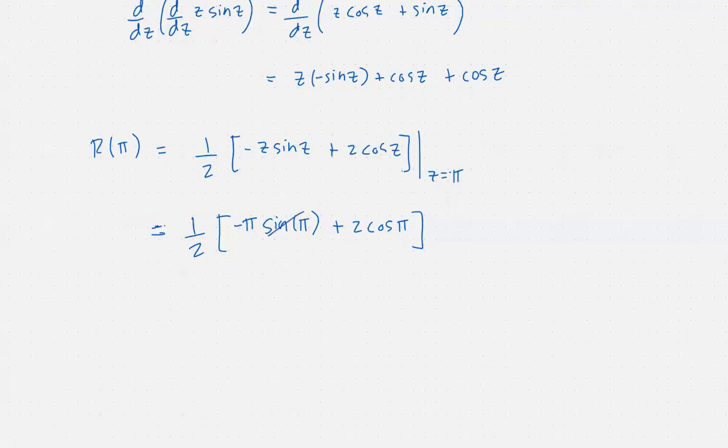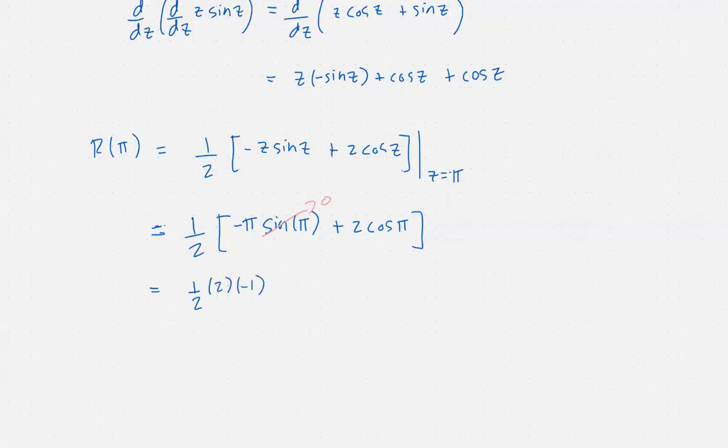So what we are left with is 1/2 times 2 cos π. Cosine π is 1, right? Oh, hold on, did I miss something? No, sorry, cos π should be −1, it's on the negative x-axis. So it should be 2 times −1, and we have −1. And that is the residue for that.